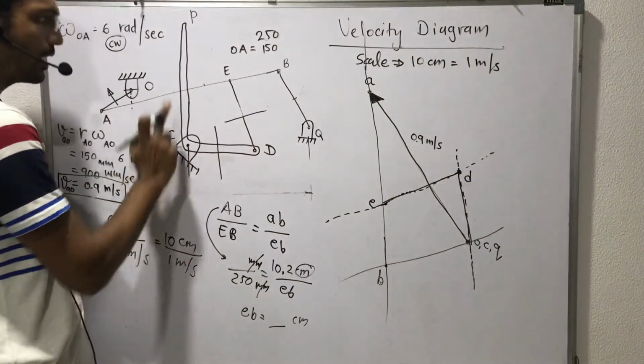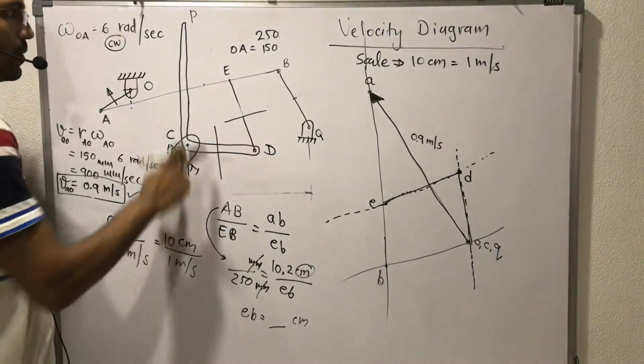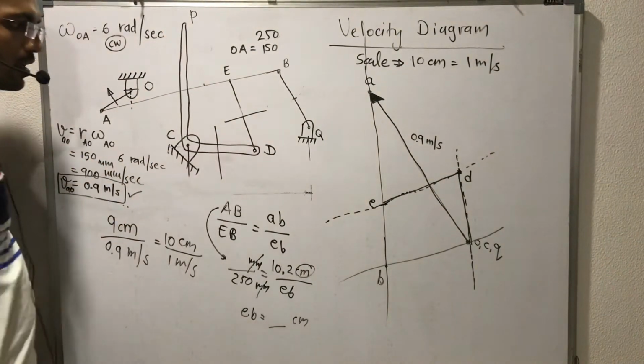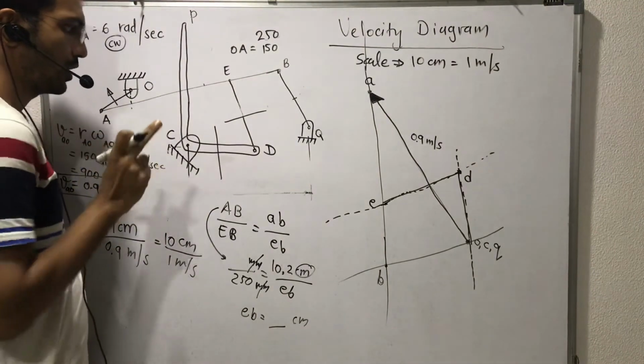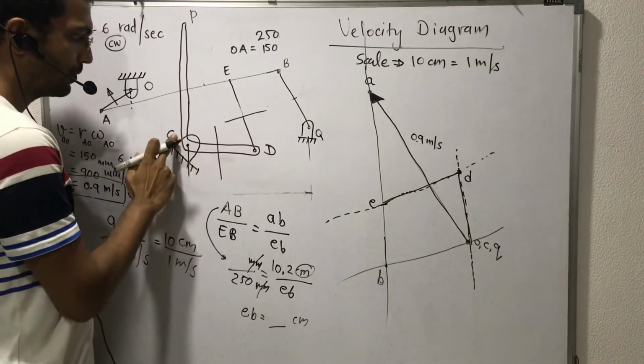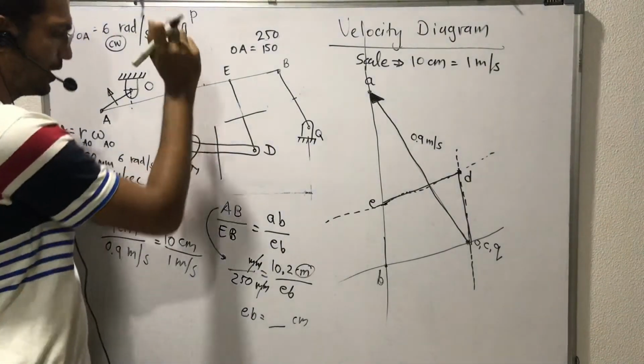Finally, I want to find P point. So for P point, you can consider ratio because P, C and D, all three are on a same link. So let us identify ratio. CD, it is known, upon CP, which is unknown.